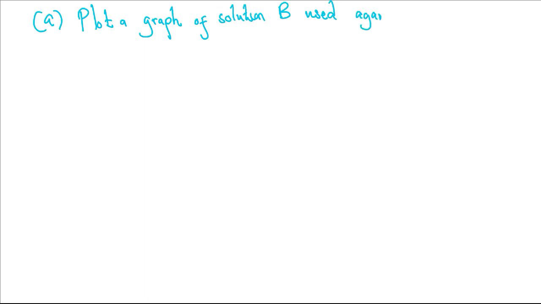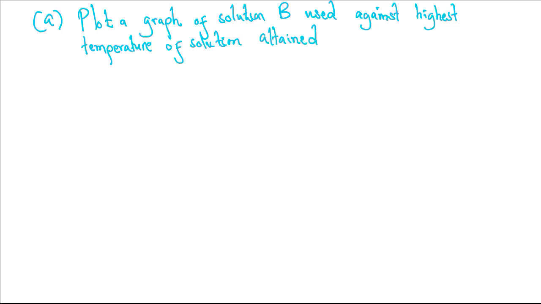Then we'll have question 1: plot a graph of temperature attained against volume of solution B used. So the graph should have a grid.